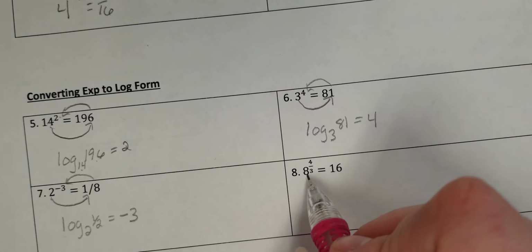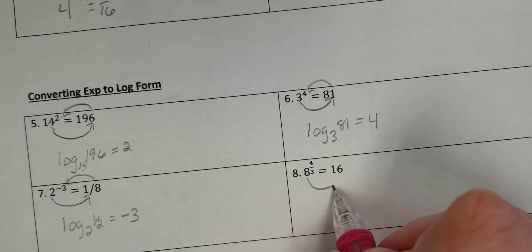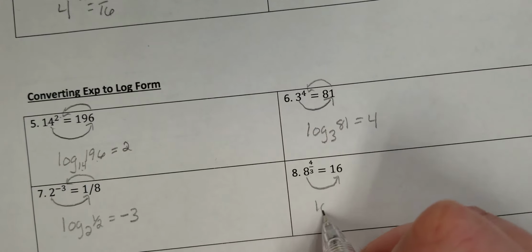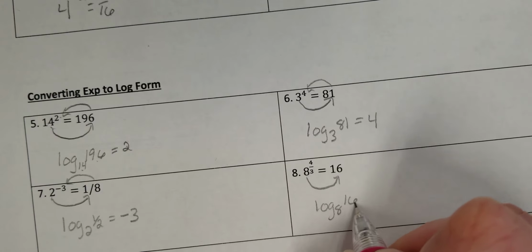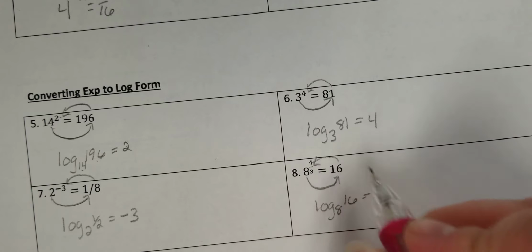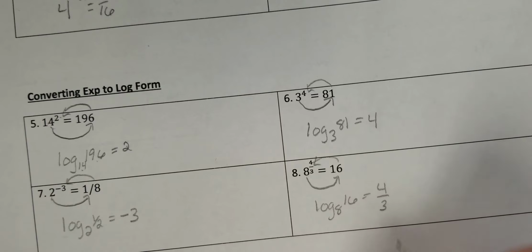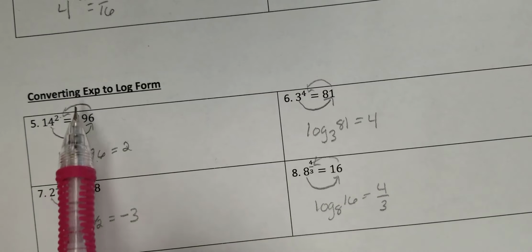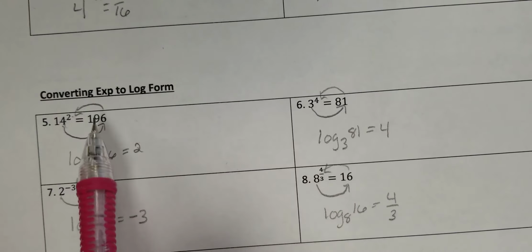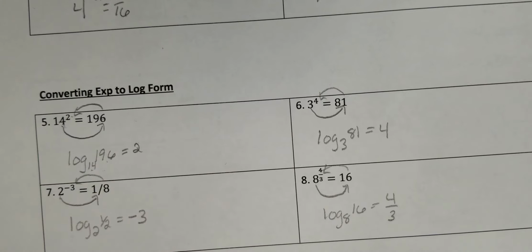And then for number 8, it's log base 8 of 16 equals the exponent, so 4/3. And that's how you convert from exponential form to logarithmic form.